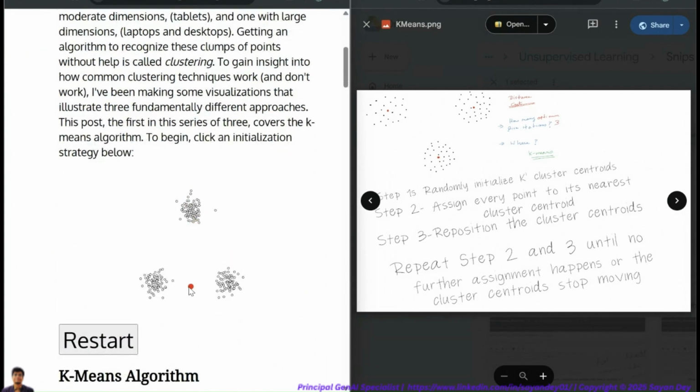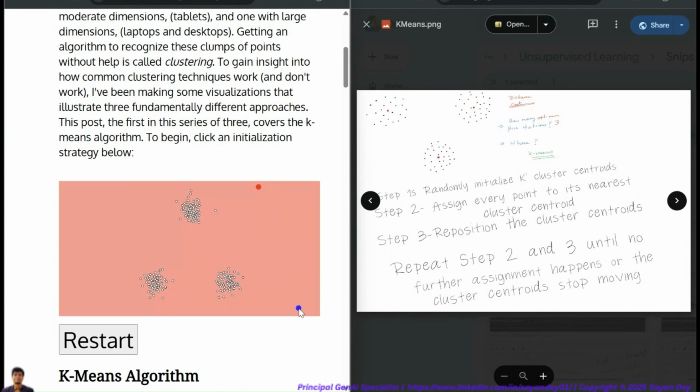There are three clusters visible, and I want to find out the exact position of the centroids. So how do we do it? First step is, again, we randomly initialize three cluster centroids. So let's say I start with three random centroids, somewhere here, keeping it a little confusing, midway, somewhere here, and I will keep the next centroid somewhere here.